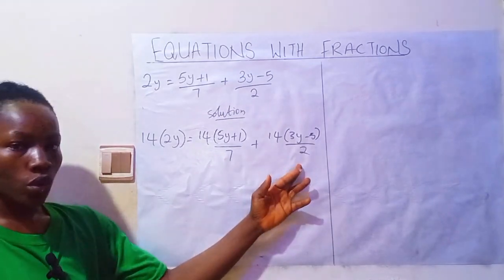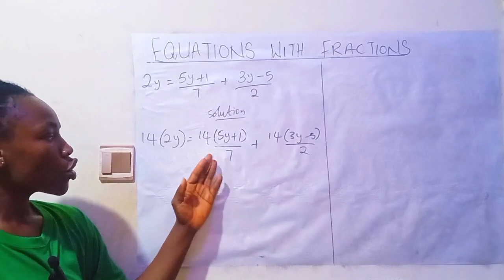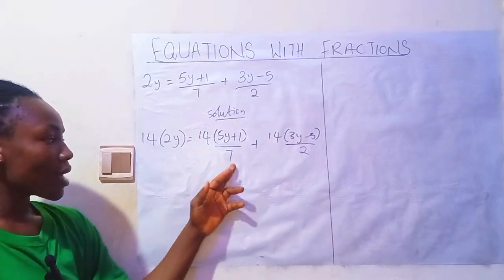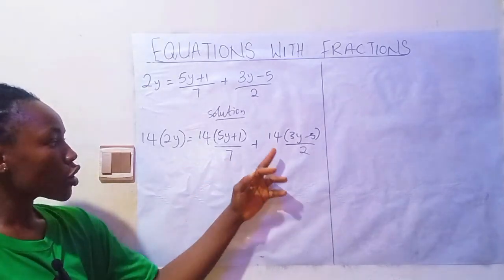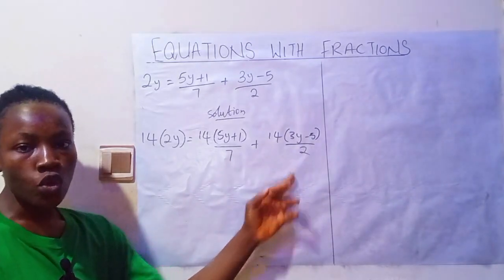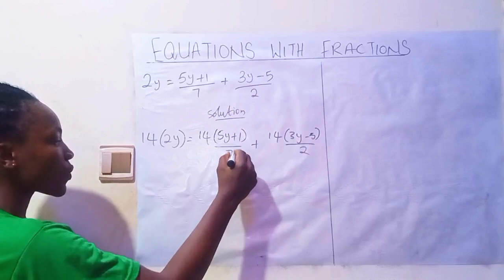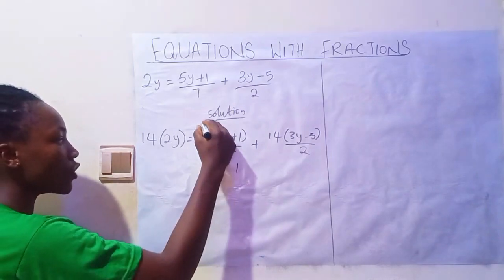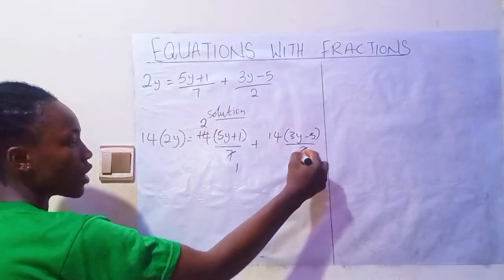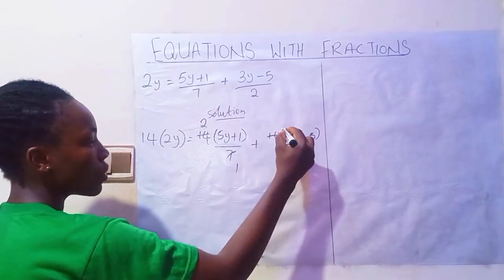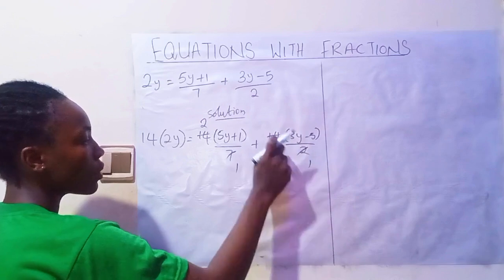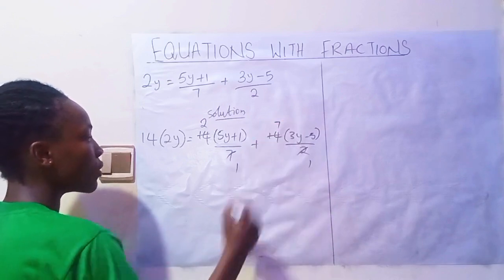Same thing with 2. So you are going to use 14 to cancel out 7 and equally use 14 to cancel out 2. So let's go. 7 here 1, 7 here 2, 7 here 1, 2 here 1, 2 here 7.